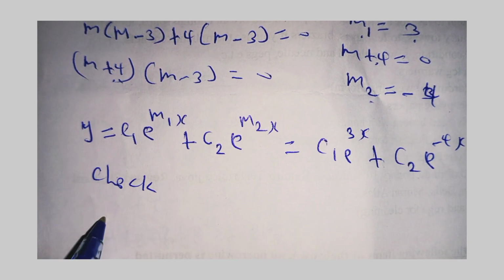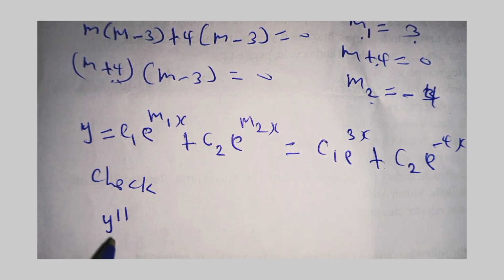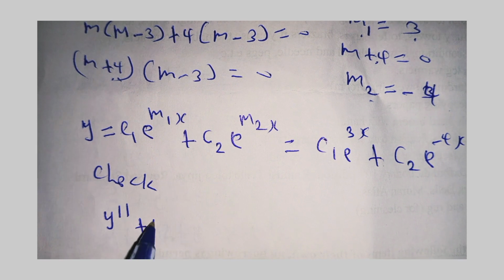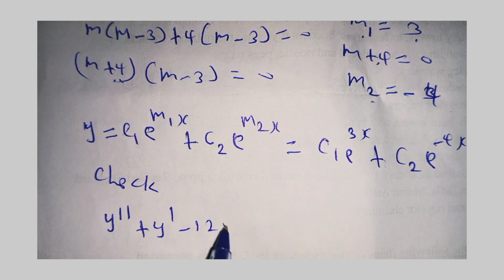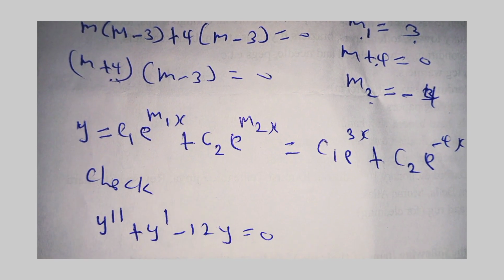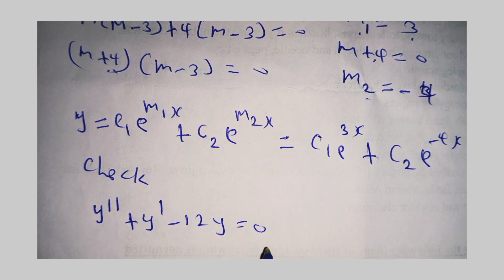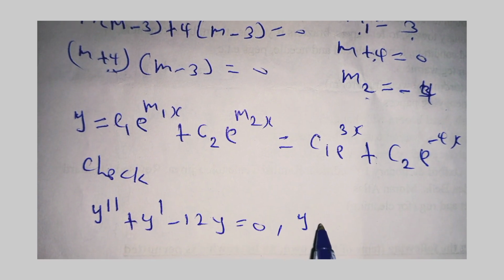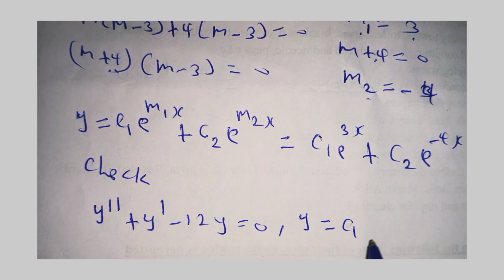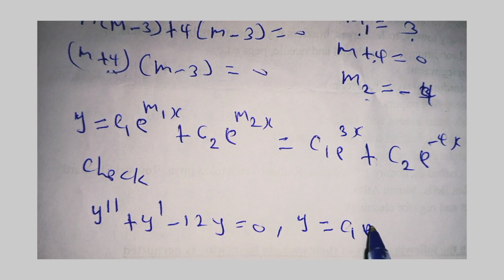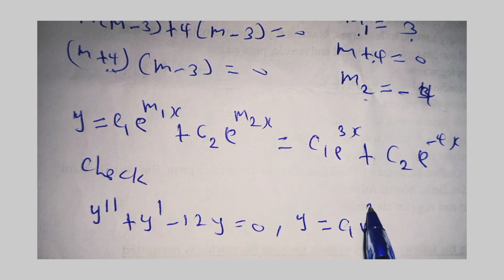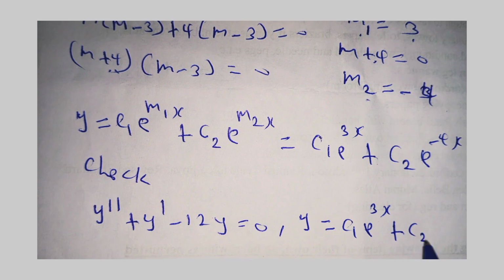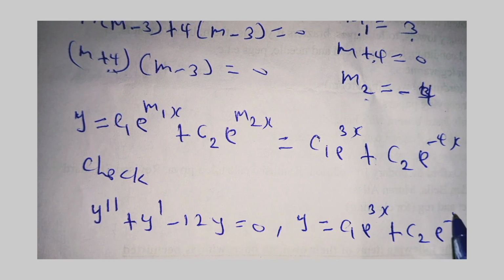We are given the equation y double prime plus y prime minus 12y is equal to 0. We want to check whether our working is correct. Our y we have found to be c1 exponential 3x plus c2 exponential negative 4x.